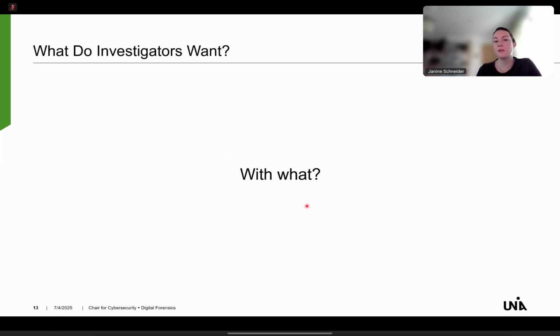For cybercrime, that would probably be a computer, and for murder, it would be the murder weapon. Okay, so these are the questions that investigators want to answer, that help us find the truth, and that drive the whole investigation process.